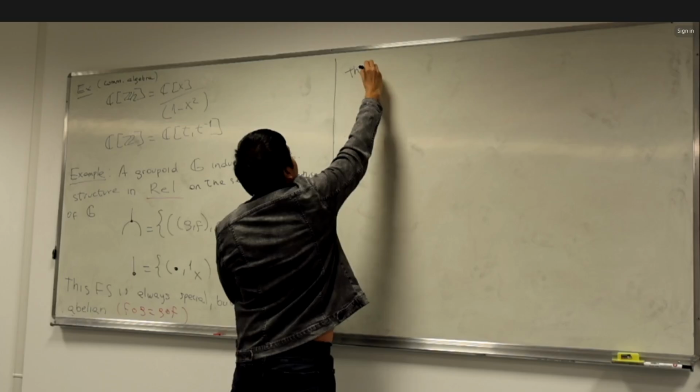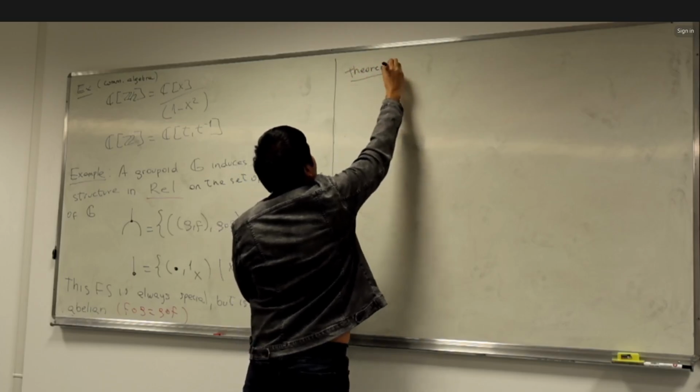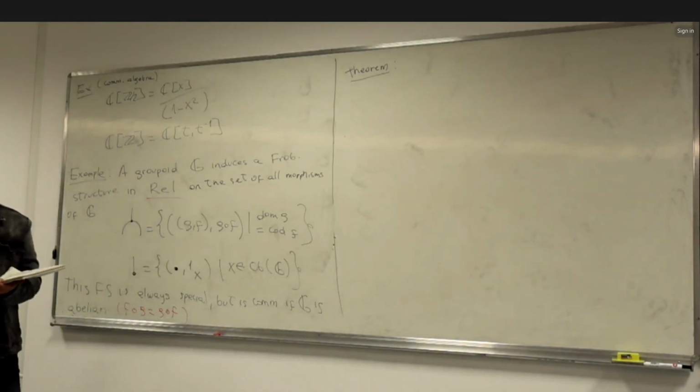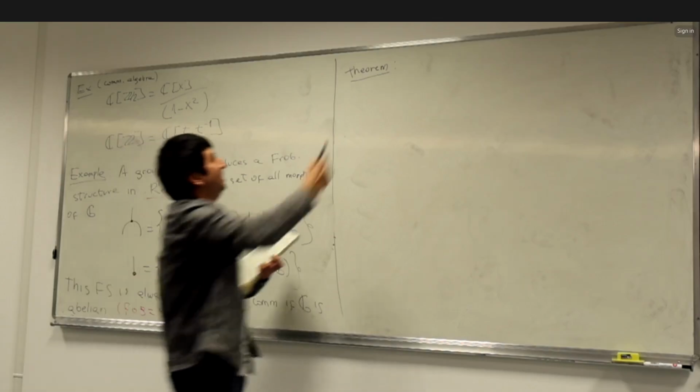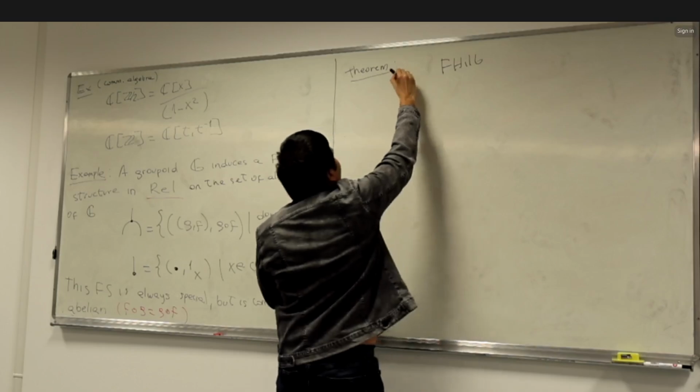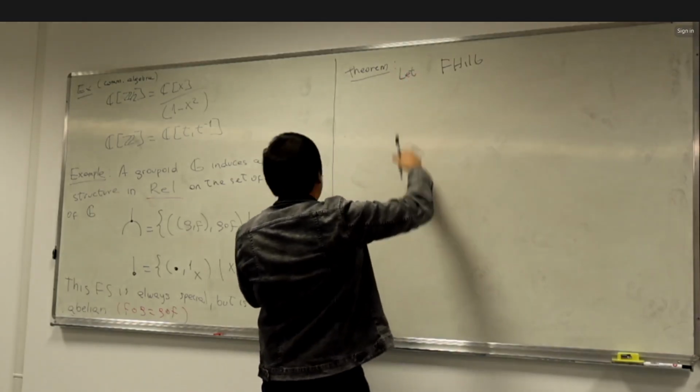Theorem. Buddy, which is our favorite category? FHilb. My favorite is red. Oh, okay, sorry.